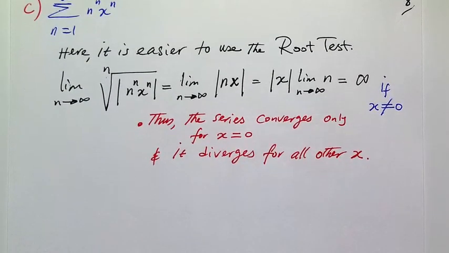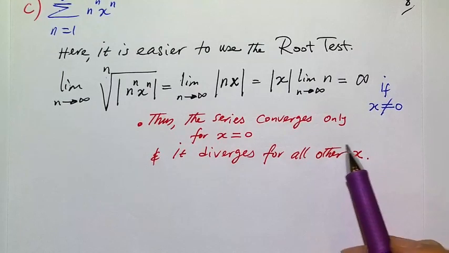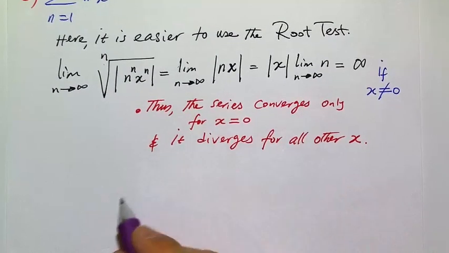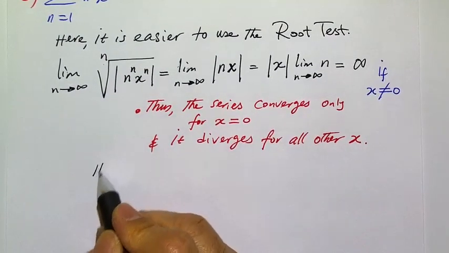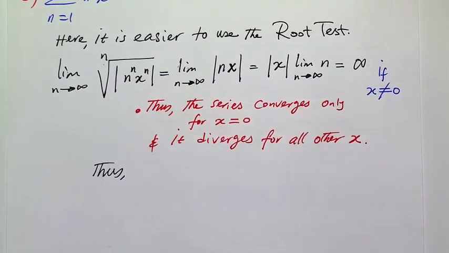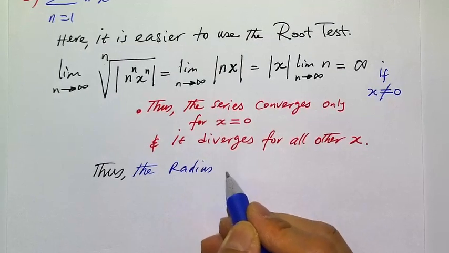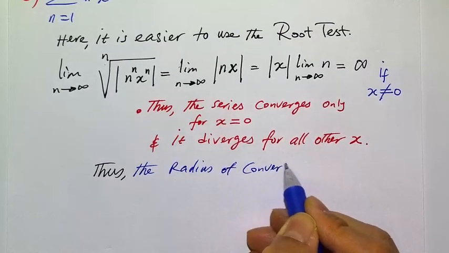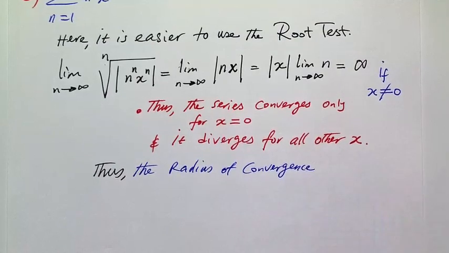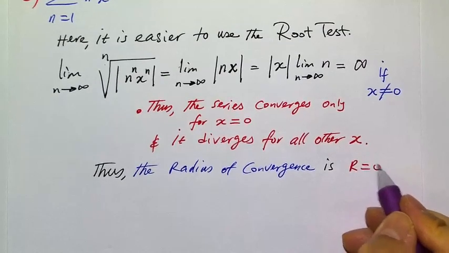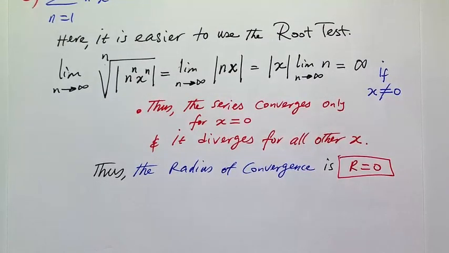Okay? So when this happens, then the radius of convergence is equal to 0. And when this happens, the interval of convergence is also 0.